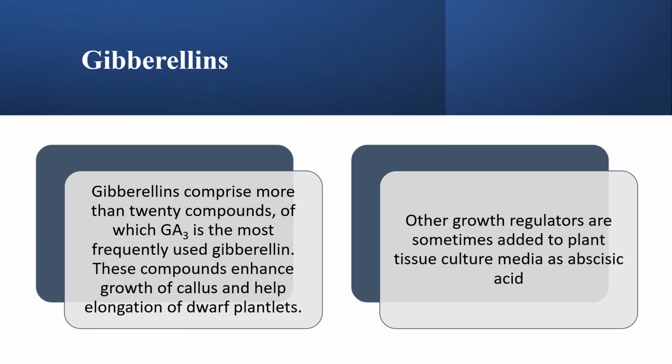Other growth regulators such as abscisic acid are also added to plant tissue culture medium, usually supplemented to inhibit or stimulate callus growth depending upon the species of plant. It enhances shoot proliferation and inhibits later stages of embryo development. Although growth regulators are the most expensive medium ingredients, they have little effect on medium cost because they are required in very small concentrations.